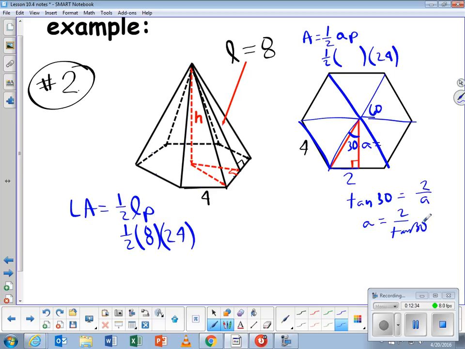And so A is 2 over tan 30. Remember, we don't want to round at this point because we'll run into a rounding error later probably. You can simplify some things if you want, because I see a 2 in the bottom and a 2 in the top. They do cancel. And so this 24 is really over 1, so that puts it up top. So we really get 24 over tan 30 for the area of the base.